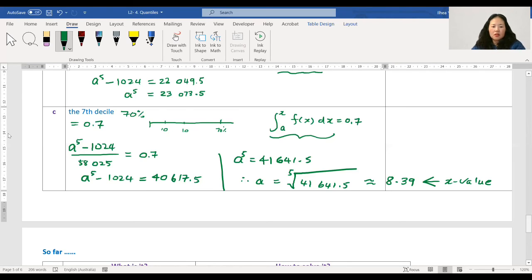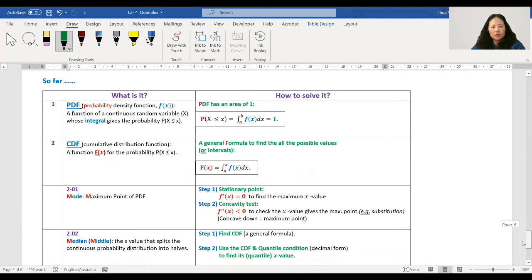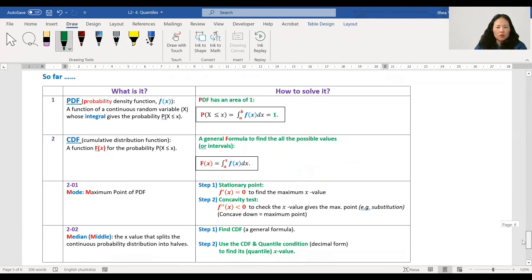Now, I'm just going to summarize what we've done, because it might be a little bit too much for some of you. We started with a PDF, didn't we? That's the probability, so it starts with P. The main thing to remember for the PDF is that it has an area of 1.